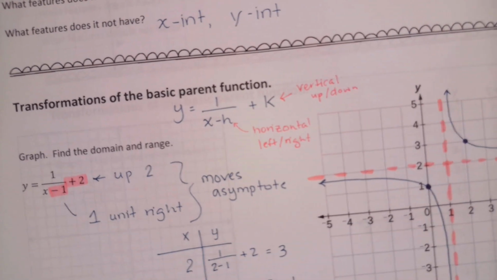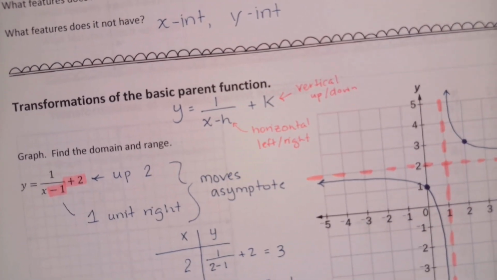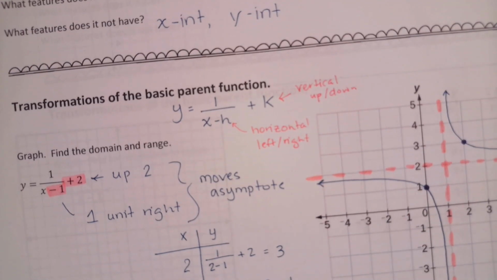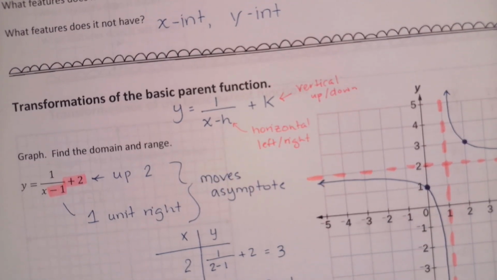Good. Technically you forgot the y equals, but left 5 and down 3. Oh, Liam, I can't see yours. Liam, left 5. Oh, that's fine.